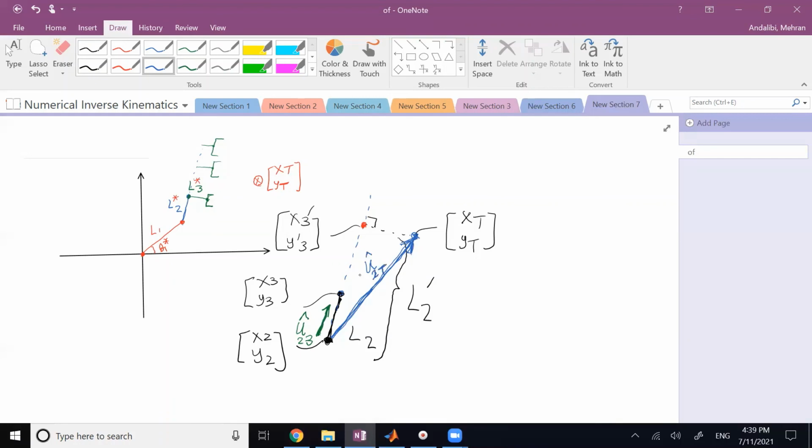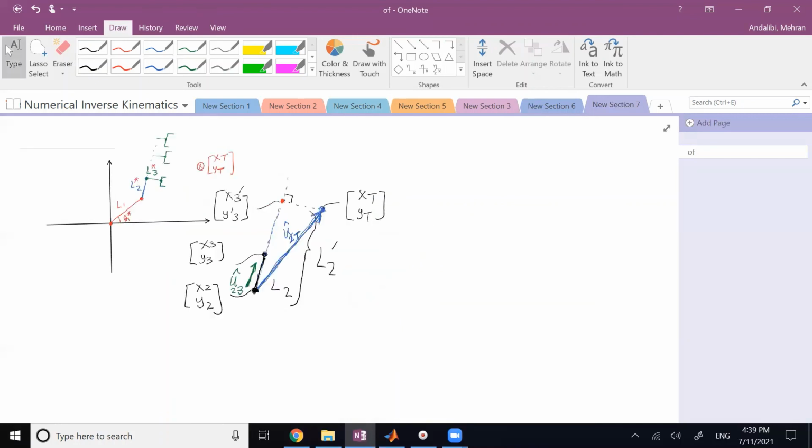How can I get this total length of L2 prime? Well, it's obvious. L2 prime is the length of U2T times what? Times cosine of this angle. Or I can project U2T along U23, correct? That's the same thing because U23 is just what? A unit vector. So when I project that along this using dot product, the result of that is going to be L2 prime.